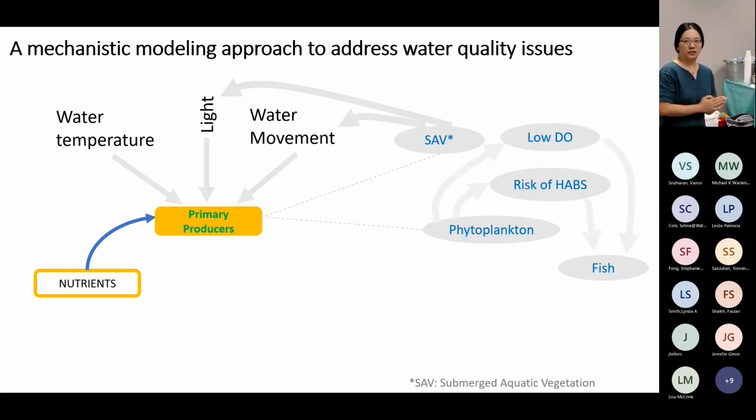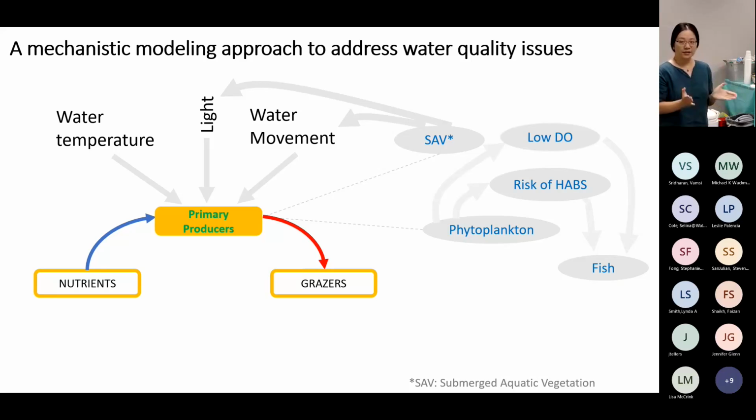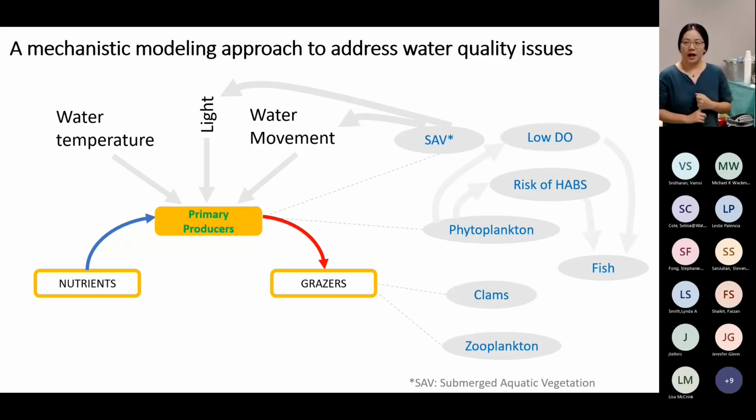In addition to nutrients and light, primary producers can also be affected by grazers. In our system, two types of grazers are important: clams and zooplankton. Both types of grazers consume phytoplankton for food, and the presence of clams competes with zooplankton.